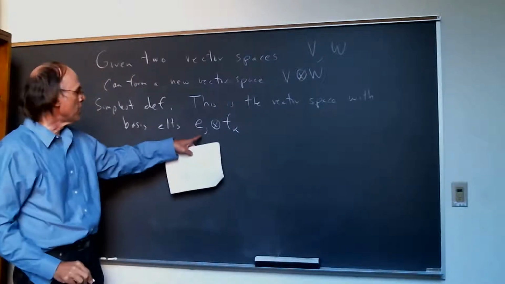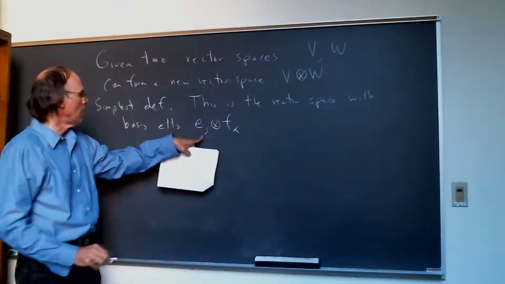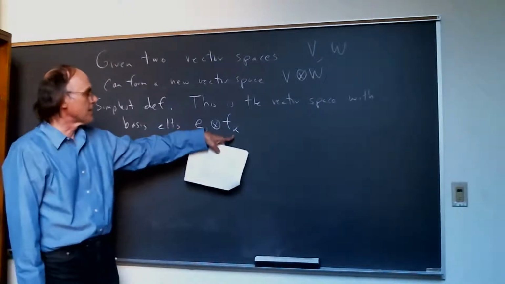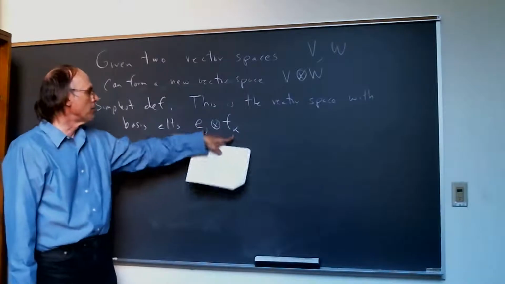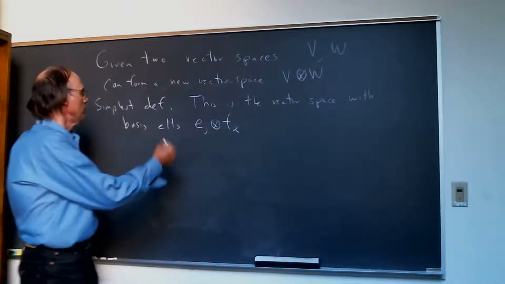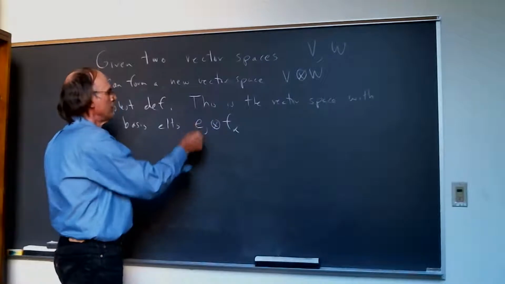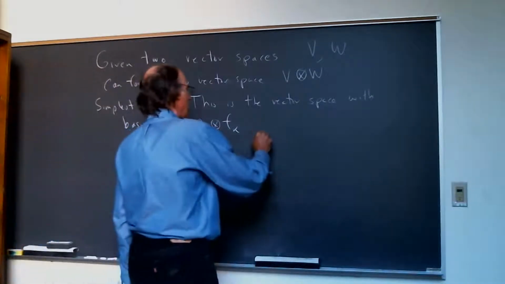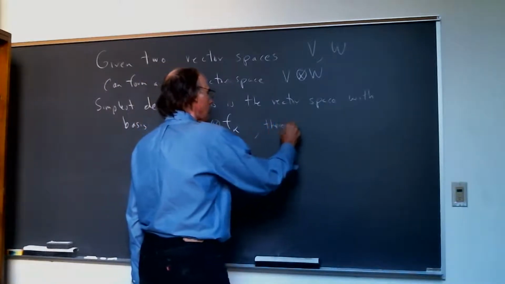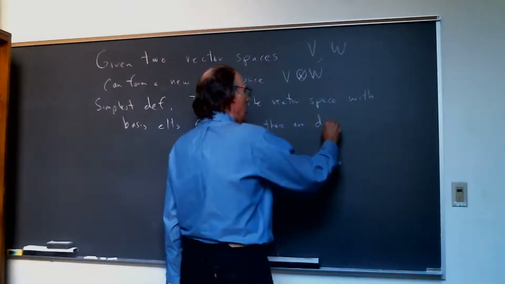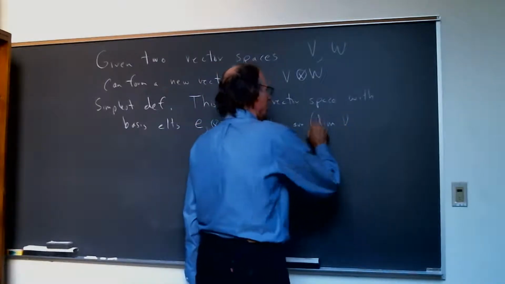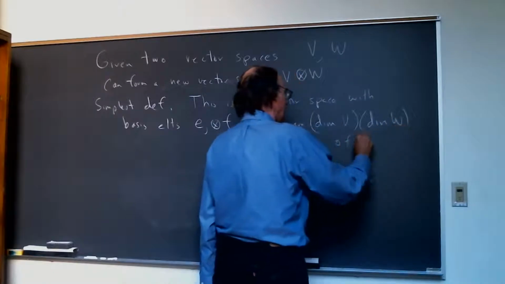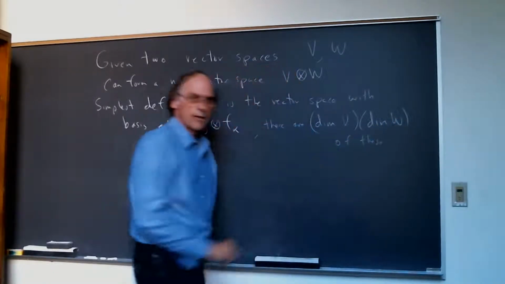In other words, you take one of the basis elements from V and one of the basis elements from W, you put these together, and you just give this a name, and there are dim V times dim W of these.